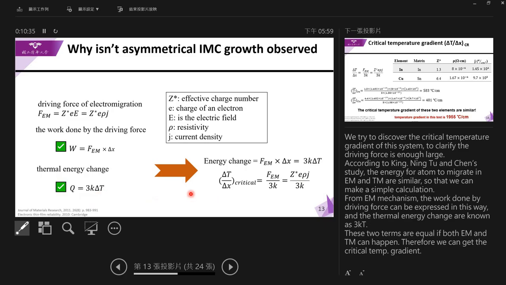These two terms are equal if both electromigration and thermal migration can happen. Therefore, dividing by Δx on both sides, the critical temperature gradient can be expressed in this way.